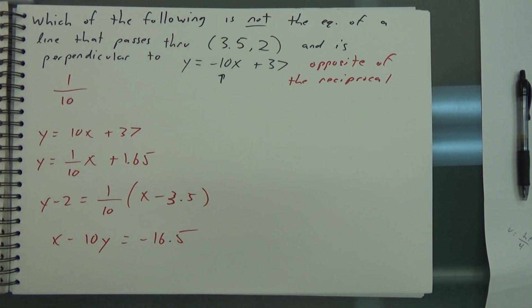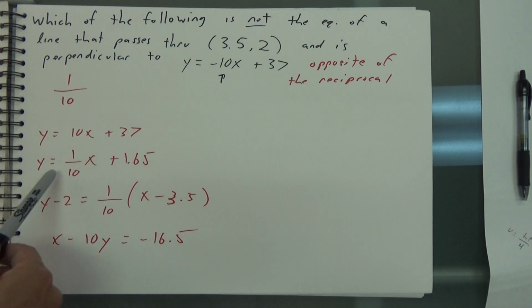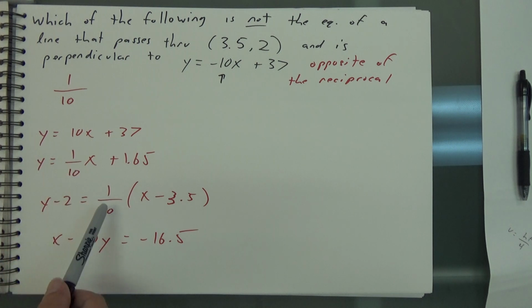And so what I look at is I need a slope of 1/10. It's got to be this one, because this has a slope of 1/10, this has a slope of 1/10, right? If I move the 10y over here, divide by 10, then this will be positive 1/10, right?